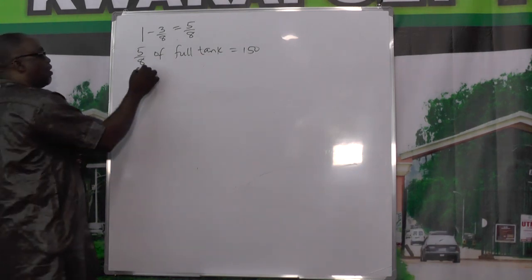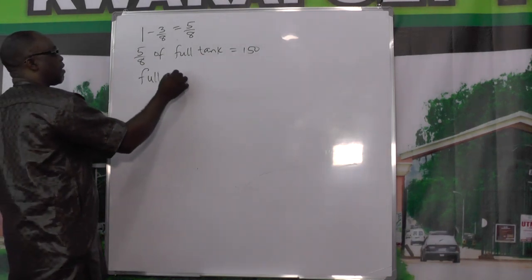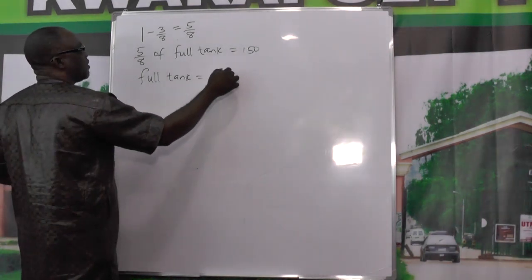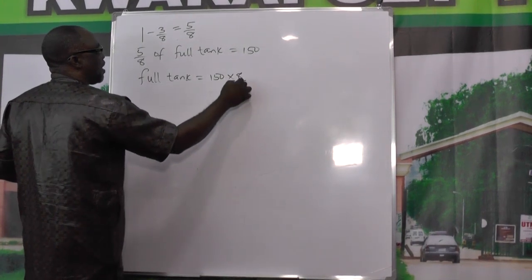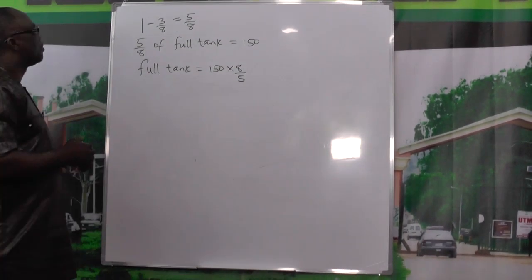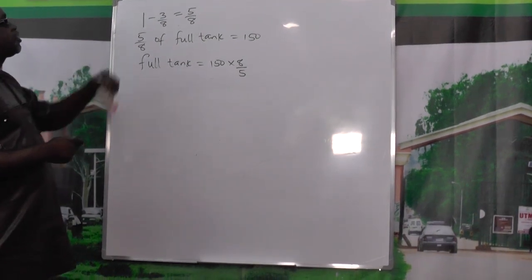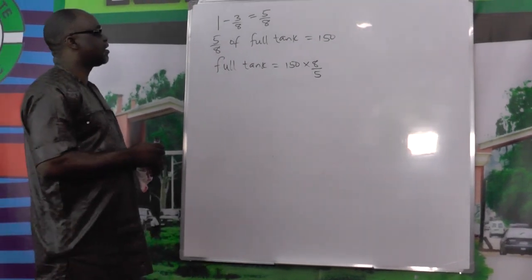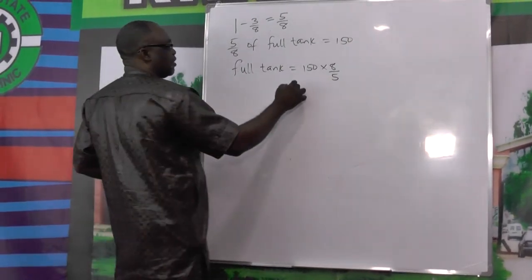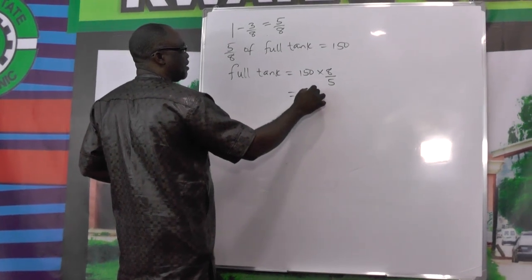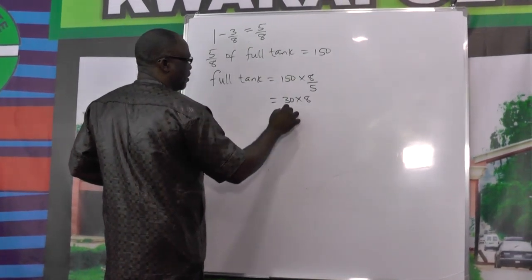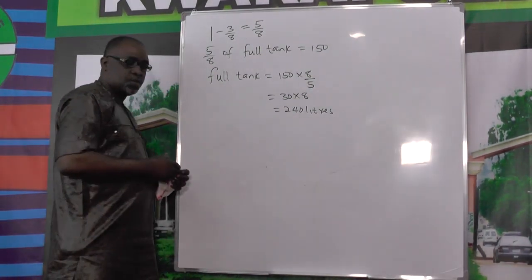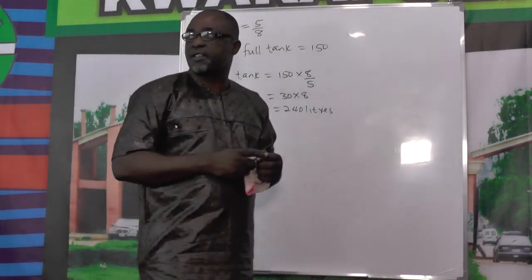So our full tank becomes 150 times 8/5. When I transfer this to the other side, it becomes 8/5 instead of 5/8. And of course, this will be 30 times 8, 240 liters. So the full tank can take 240 liters.